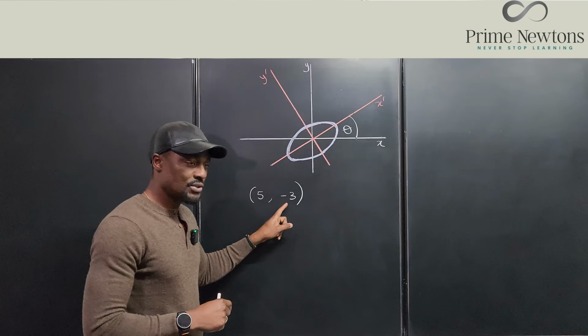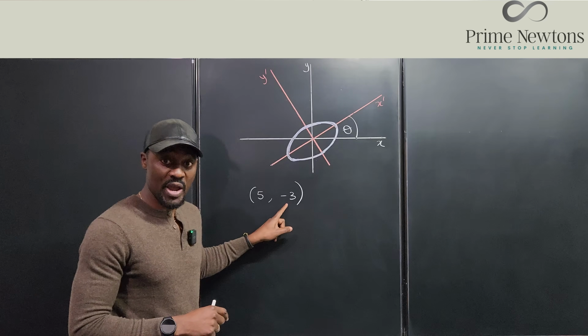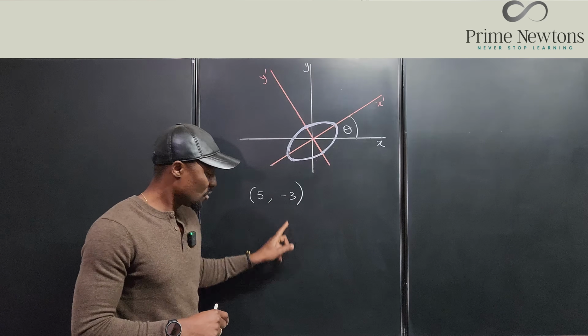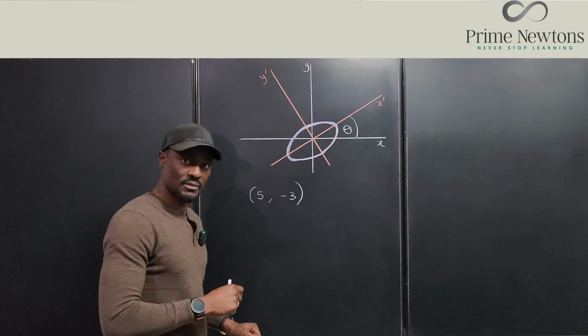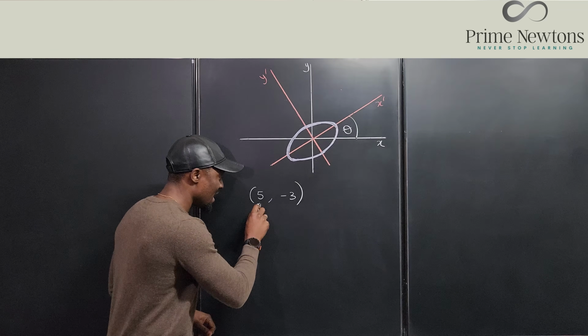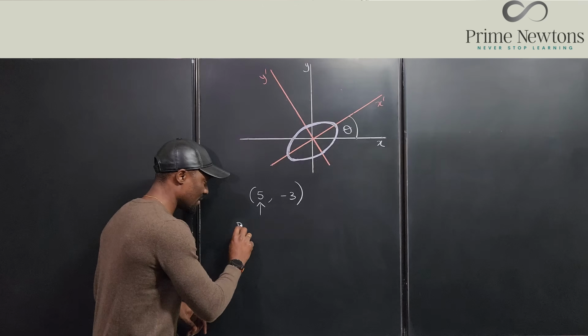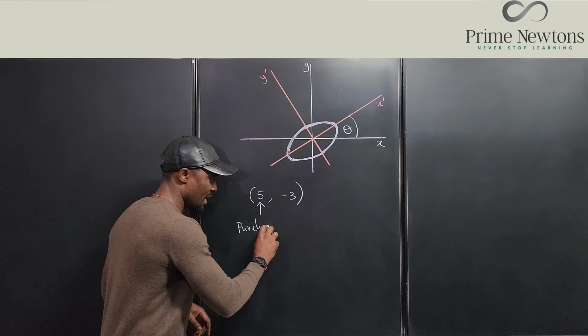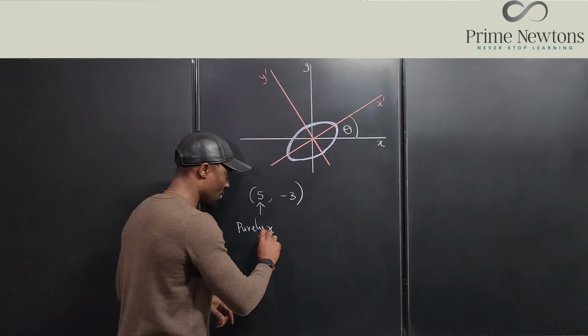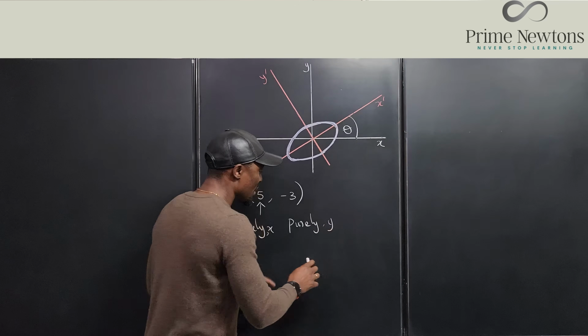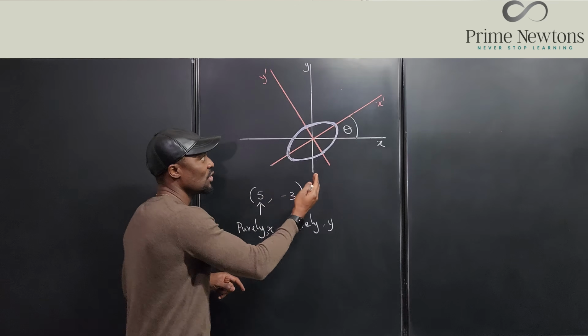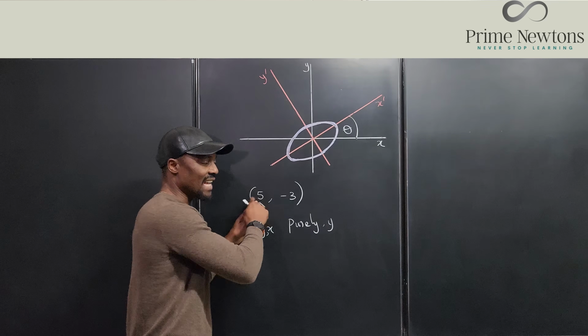And if I travel vertically, it is 3 units away from 0. Going down. This one goes right, this goes down. So anything here is purely x, purely x. This is purely y. No part of this goes up. It is x equals 5.